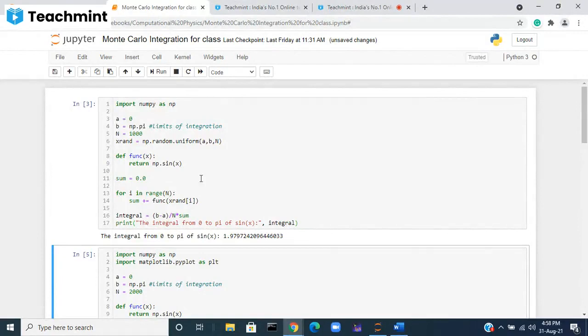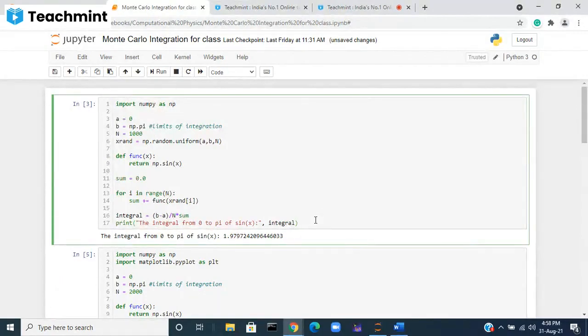So n equal to 1,000: 1.9797. If I calculate it again, I get 1.96. If I calculate it again, I get 1.969. Again, 2.0547958 and so on. So each time we run this program, we get slightly different values.